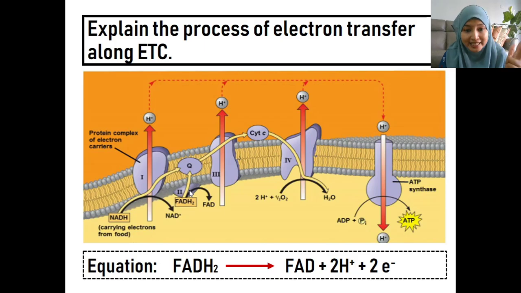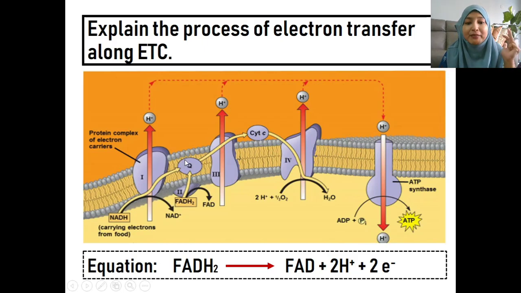Point number 3, succinate dehydrogenase will transfer electron to series of electron carrier complex molecule such as ubiquinone, cytochrome C reductase, cytochrome C and cytochrome C oxidase.